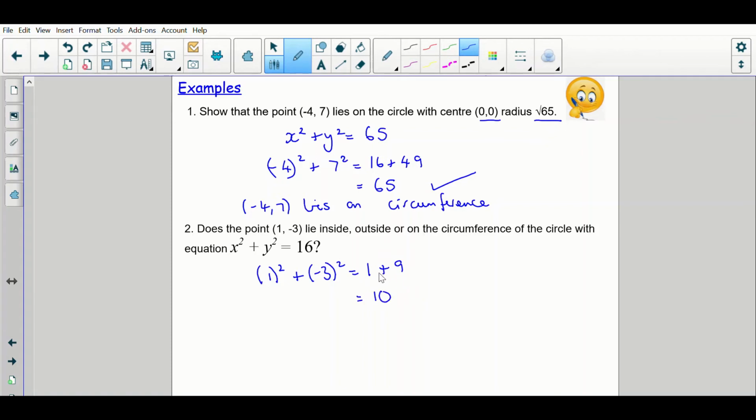So I can now say, well, 10 is less than 16. So obviously this point is going to be inside the radius, so we can say (1, -3) lies inside the circle. So we can just test these coordinates by substituting into the equation of the circle.